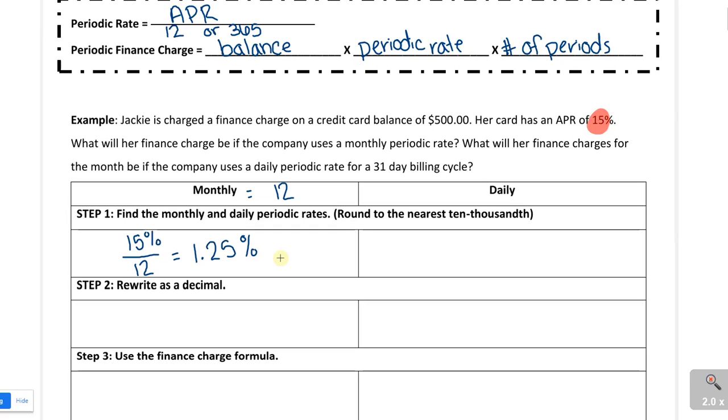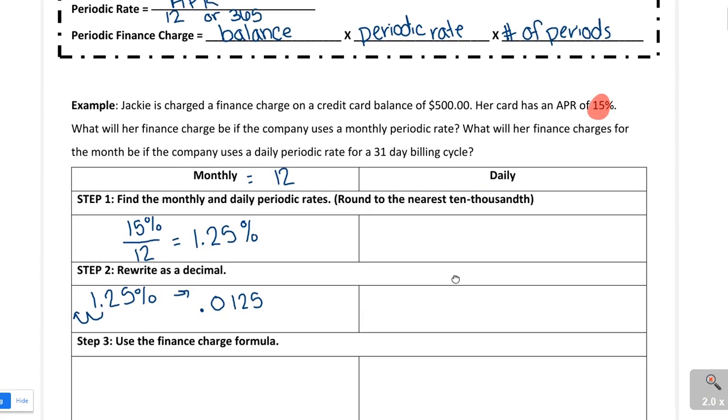The next step is to rewrite our percent as a decimal. 1.25% as a decimal, we move the decimal 2 places to the left, and we get 0.0125.